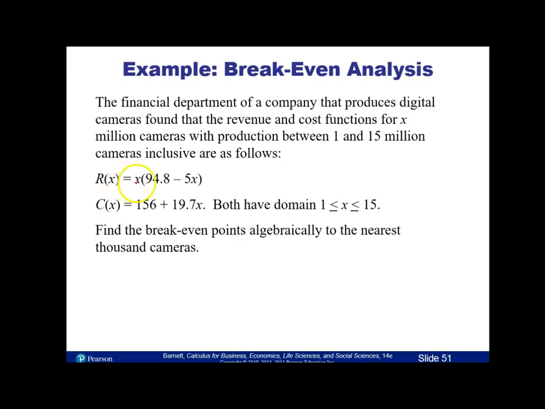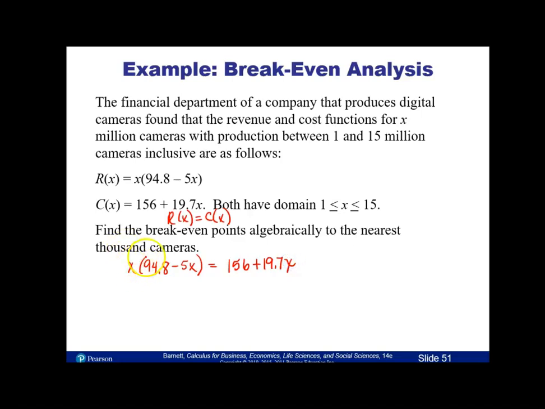Okay, so if you remember, break-even is when revenue is equal to cost. Okay, so we want to set these two things equal to each other. Right, so I'm going to have x times 94.8 minus 5x. That's going to be equal to 156 plus 19.7x.